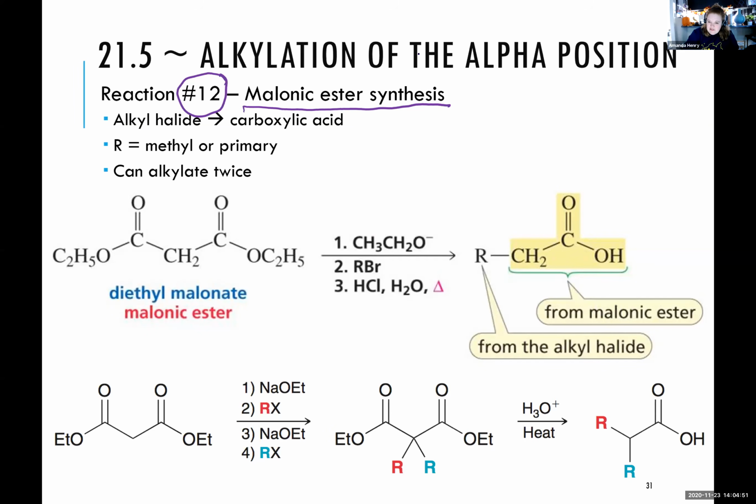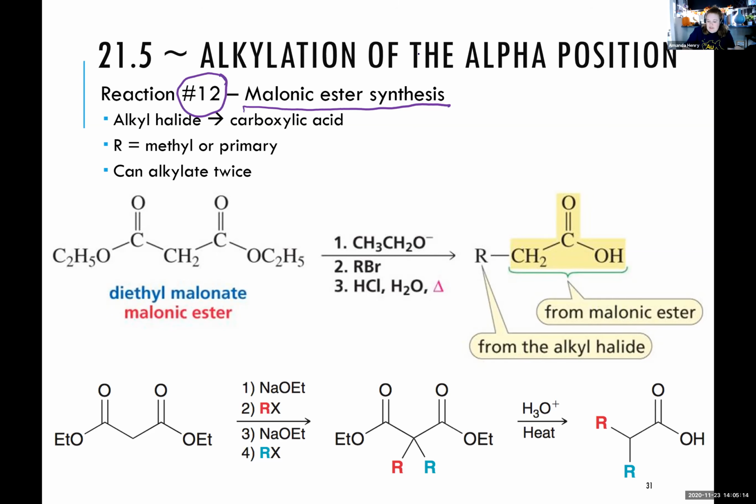And then the last three are fairly busy. The nice thing about these last 5 is you don't need to know the mechanisms for them. We will talk a little bit about the mechanism so you can understand what's happening, and it might help you picture it, but you don't need to know them for the test.